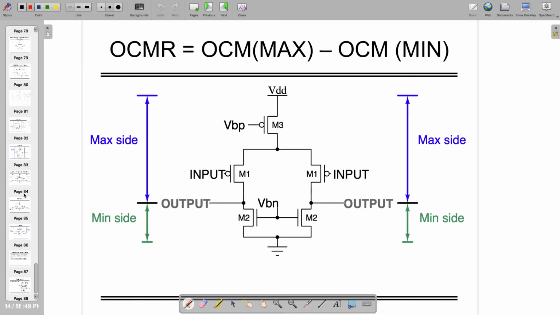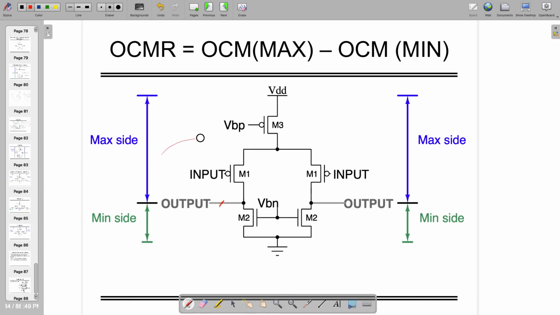Now let's understand that you are interested not only at the input side, but also at the output common mode range. What value of common mode range do I need to apply? For that you need to go to the output side. Either side you can go and find out, because both are in parallel, so parallel voltages have to be equal.